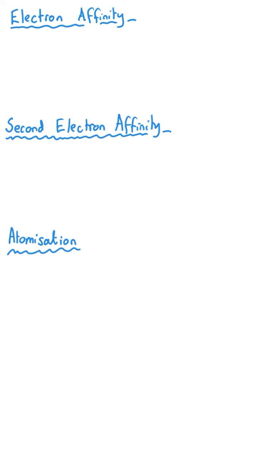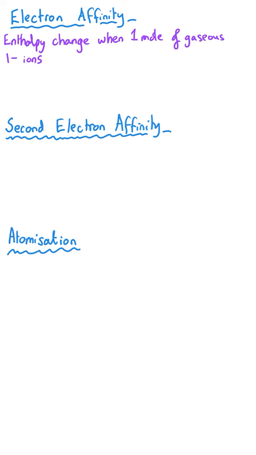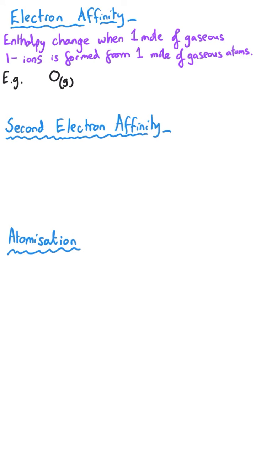Electron affinity is effectively the opposite of ionization energy for a couple of reasons. First of all, by definition, it is the enthalpy change when 1 mole of gaseous 1- ions are made from 1 mole of gaseous atoms. This means we might be starting with 1 mole of single gaseous oxygen atoms.